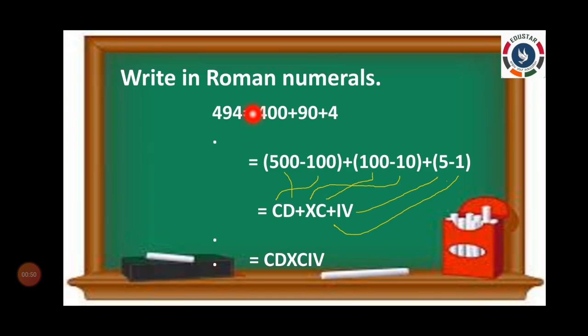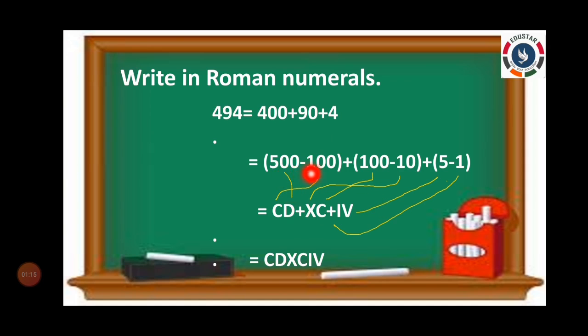So 400, how can we get it? 500 minus 100. You will get 400. Then 90, 100 minus 10. Then 4, 5 minus 1. Otherwise, if you know the values of 400, 90 and 4, you can write directly without adding. You can give the direct answer.